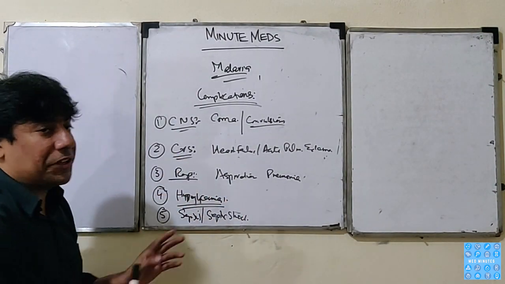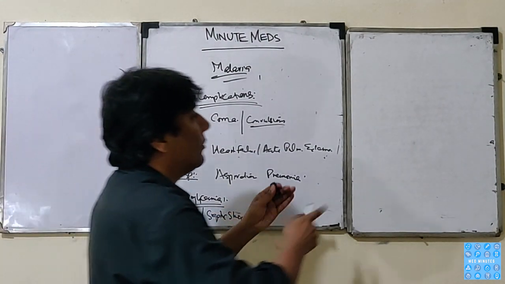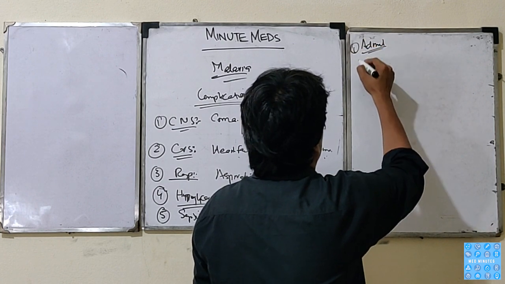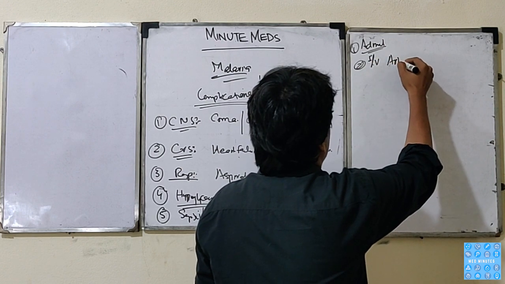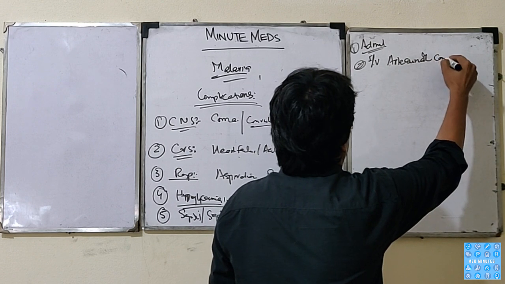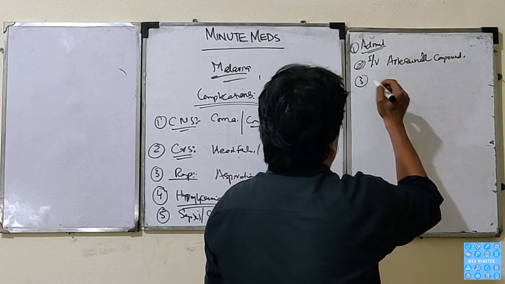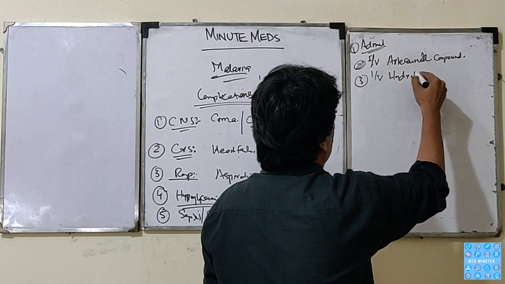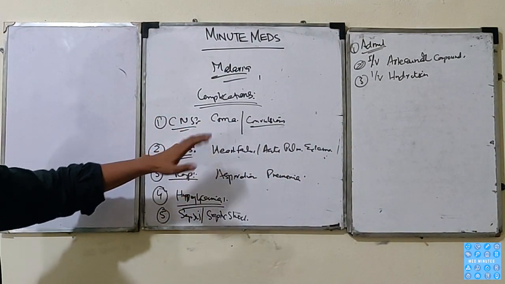Now for all the complications, the oral antimalarials are not given. The first thing is we admit all the patients with complications. We give IV antimalarials, the IV artesunate compound. So the basic is we admit, we give artesunate, we IV hydrate the patient, and then the complications one by one.